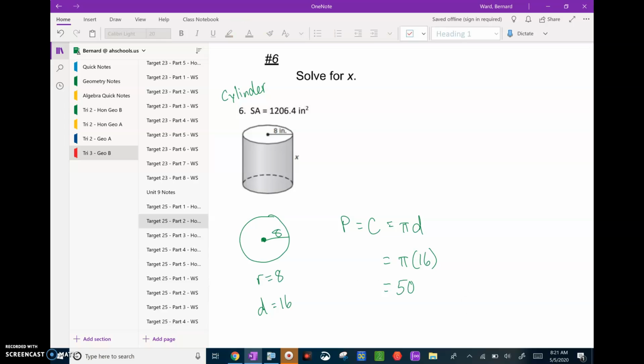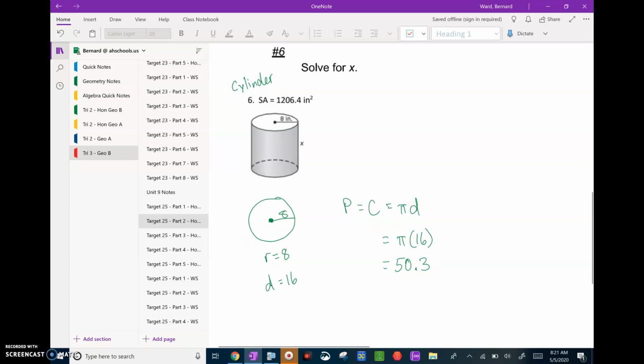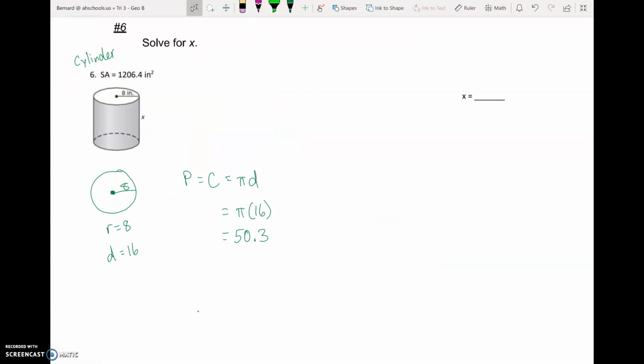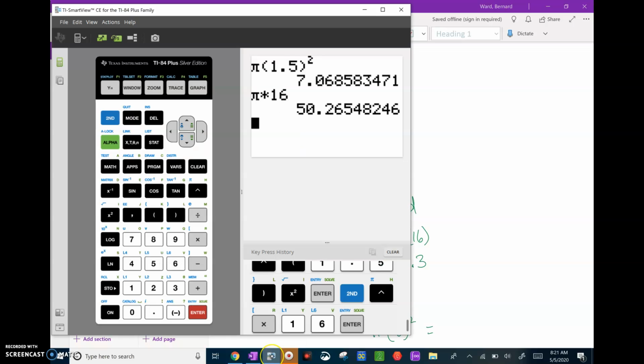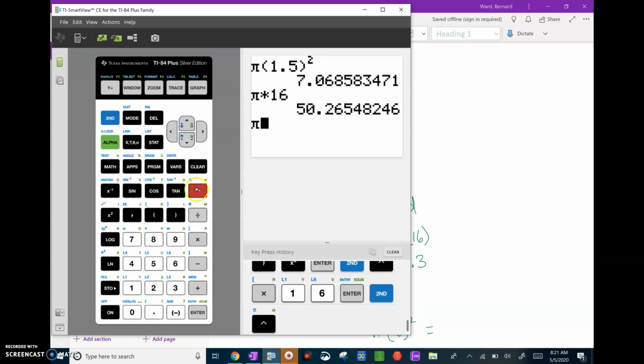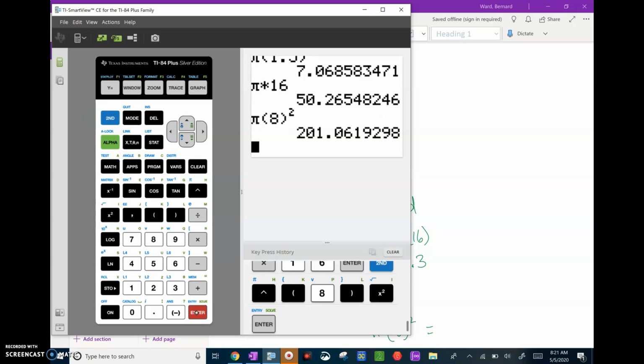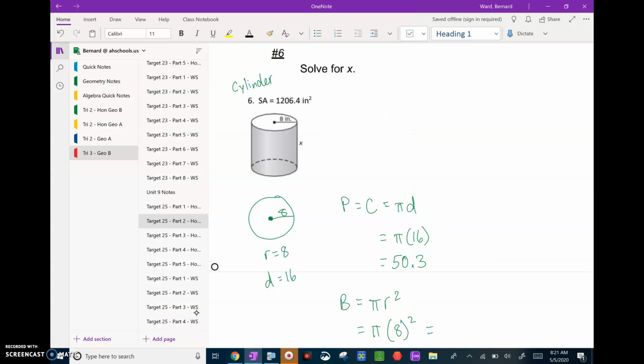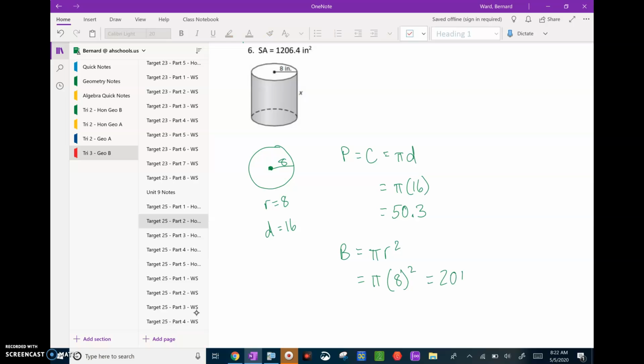So 50.3. And then remember, big B is pi r squared for a circle. So r is 8, so pi times 8 squared, and that equals 201.1 roughly. 201.1 inches squared.